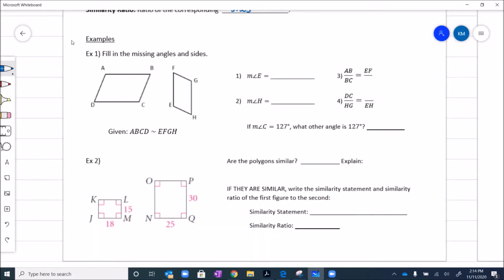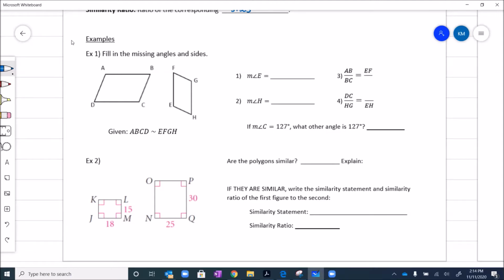So let's look at some examples. It says, find or fill in the missing angles and sides given that ABCD is similar to EFGH. Important here that we remember that our similarity statement will trump the appearance of the diagram. So EF corresponds with AB.